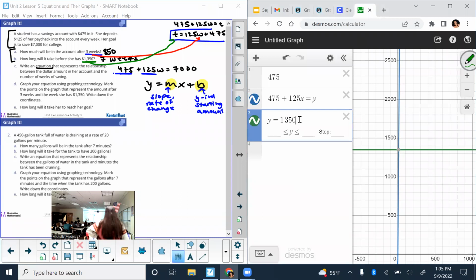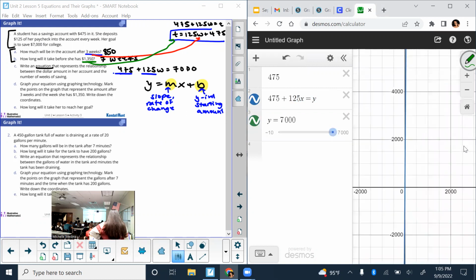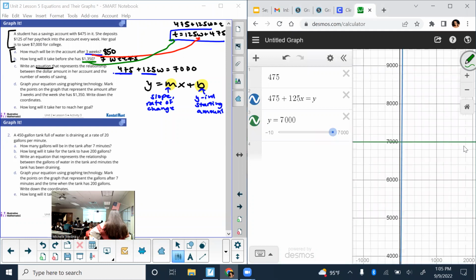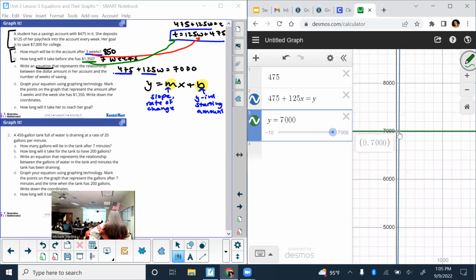So again, type in your equation, make sure it's X's and Y's, so that way the calculator reads it. Since we would plug in the 7,000 for the total, or in other words, where the Y would be, that helps you find it easier. Feel free to zoom in, feel free to hover over it. What's the X at 7,000?